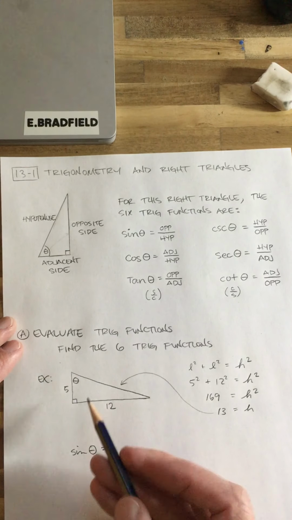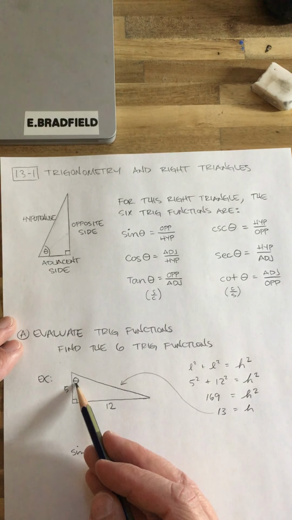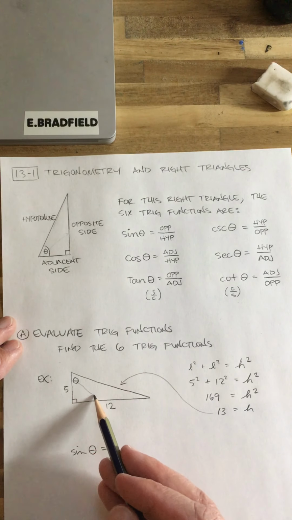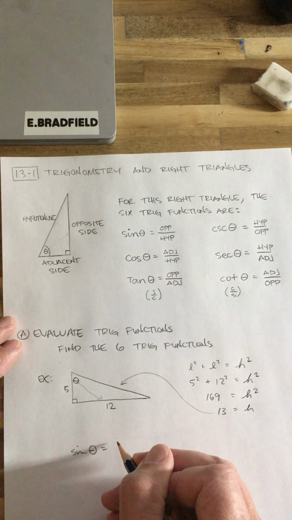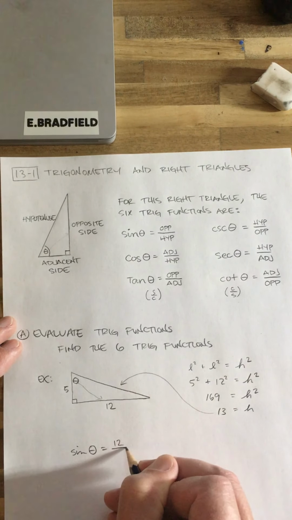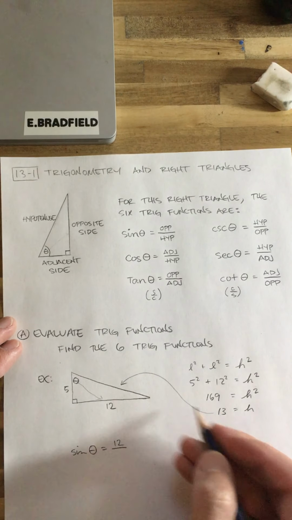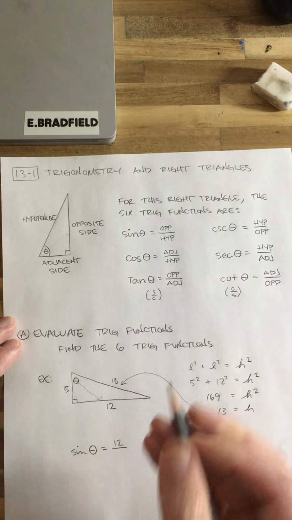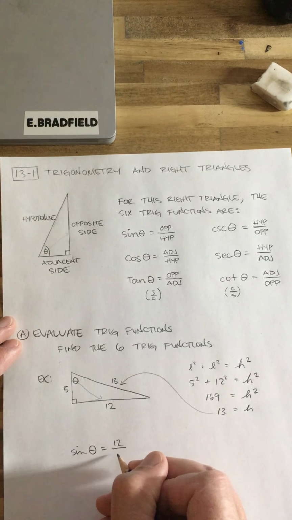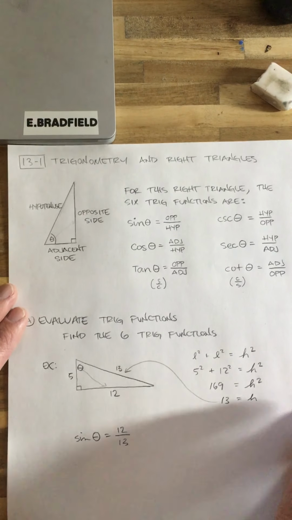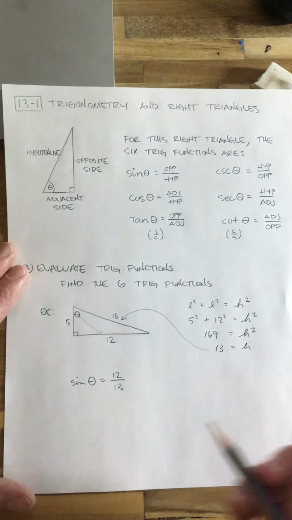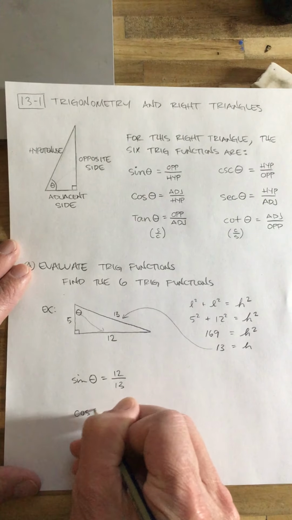If this is my angle, then the side opposite, all the way across, is way over here. It's 12. So that is my opposite side, over the hypotenuse, which was 13. So the sine of theta equals 12 over 13. All right. Let's do the cosine of theta.